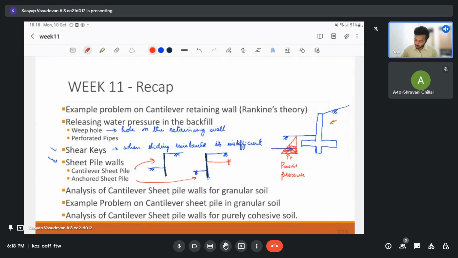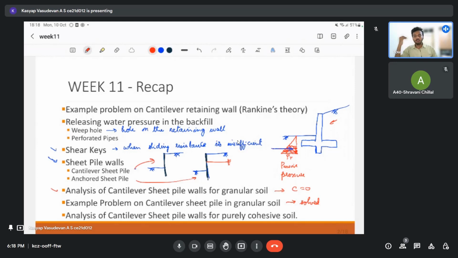After that, we moved on to analysis of cantilever sheet pile walls, the first type of walls, for granular soils. For granular soils, with the c equal to 0 condition, analysis of sheet pile was explained in detail, and one example problem was also solved in the class. In this particular session, we will be solving one cantilever sheet pile in the soil.